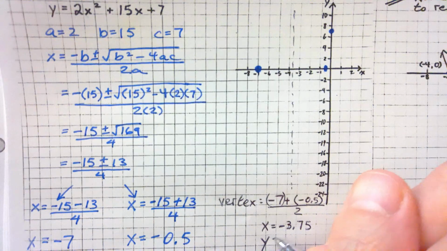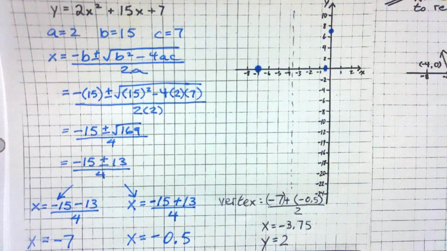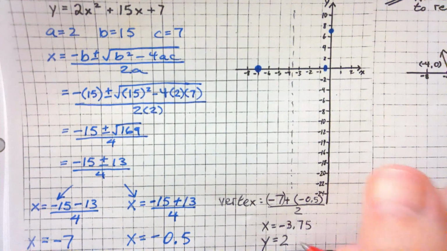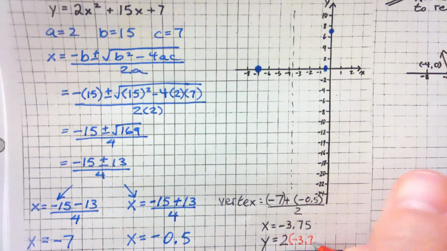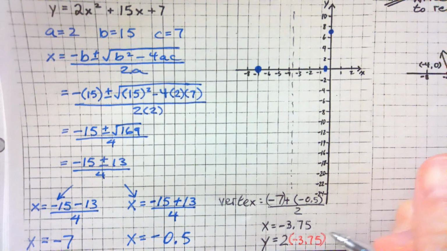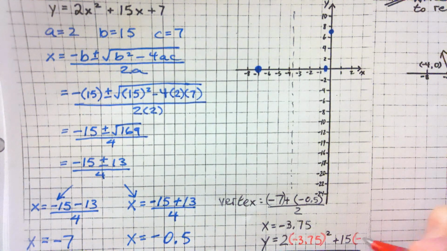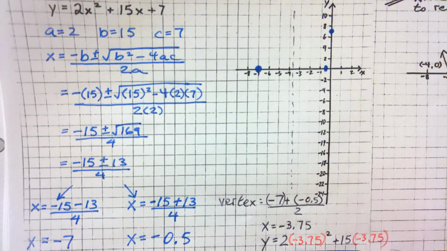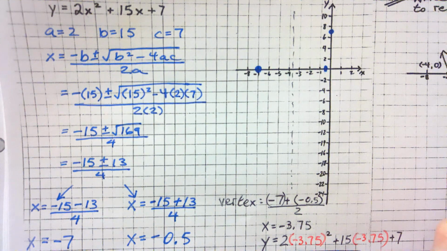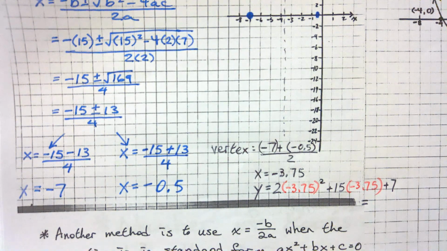So y equal to, let me do red, bracket negative 3.75 squared times 2, plus 15 times negative 3.75, plus 7. All right. Sorry, let me move this up a little.